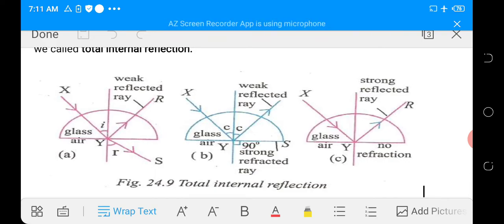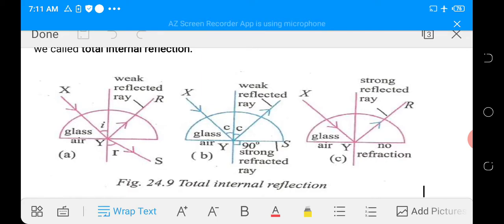From the figure, two things can be observed. Both refraction and reflection take place at the same time. YS represents the refracted ray, while YR represents the reflected ray. But the refracted ray is stronger than the reflected ray. That is, there will be a strong refraction, while there will be a weak reflection.